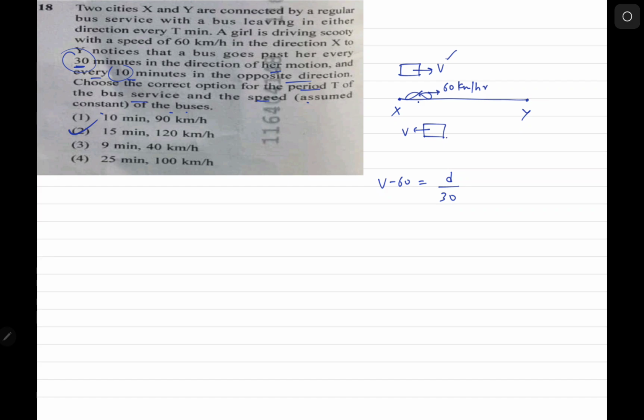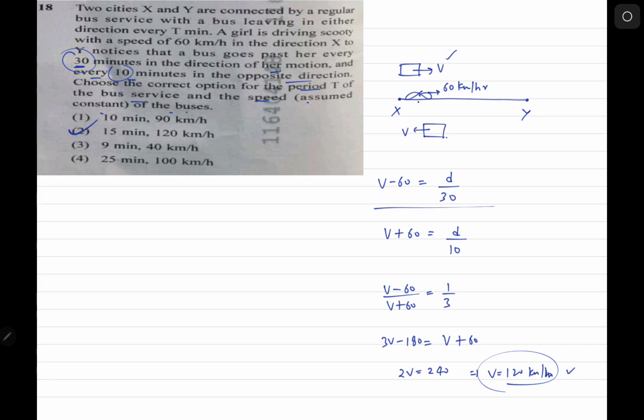According to the girl, the speed of this bus is V plus 60, and the time period is 10. So we just divide them and solve it. V minus 60 over V plus 60 equals 1 by 3, cross multiply, 3V minus 180 is equal to V plus 60, 2V equal to 240, V is equal to 120 km per hour.